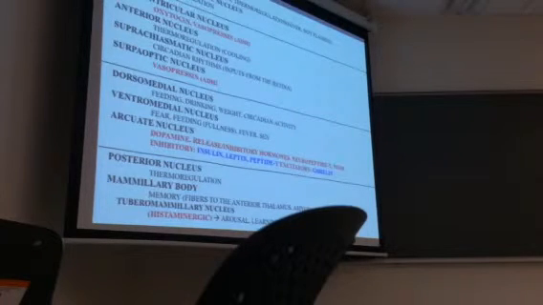The anterior nucleus is involved with thermoregulation in cooling events. Suprachiasmatic nucleus has inputs from the retina. There are also some inputs here from the pineal gland that involve circadian rhythms. So, we're starting to see the importance of this structure.